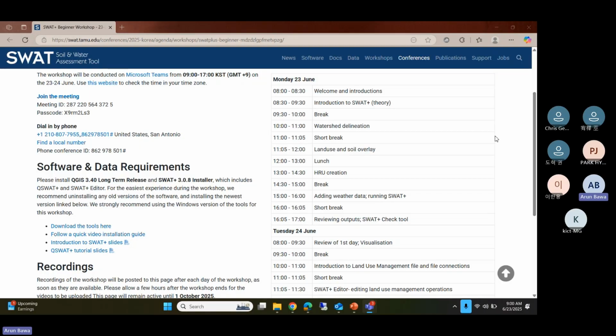I will start with my introduction. My name is Arun Baba. I am an assistant professor with Texas A&M University and part of the SWAT development team for the last 5 years. Then we have Chris, who is our main developer on the GIS side, for all those plugins you have seen previously: ArcSWAT, ArcSWAT Pro, QGIS, QSWAT Plus, and others.